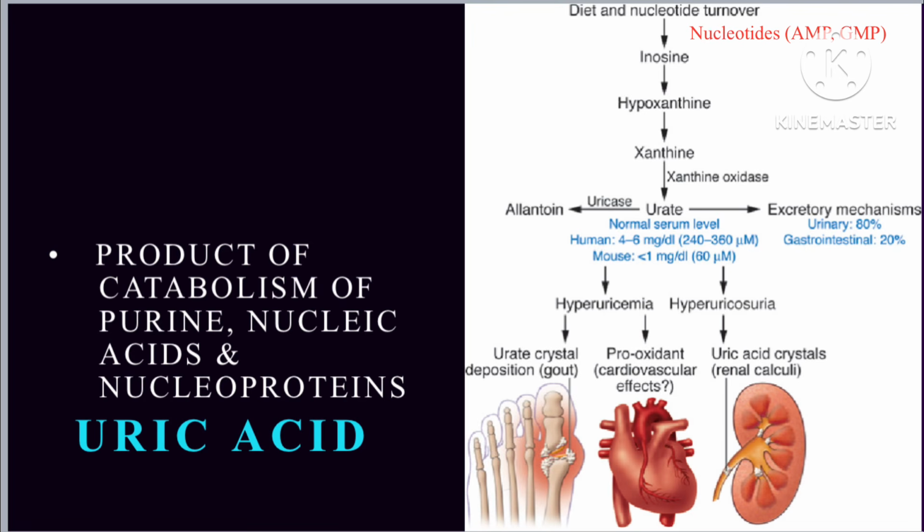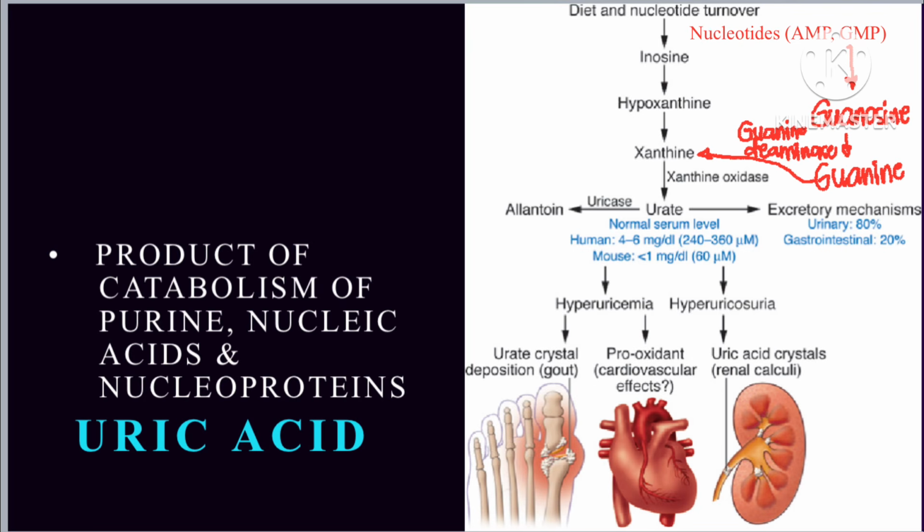So AMP is converted into inosine and then hypoxanthine, while GMP is broken down into guanosine and then guanine. Guanine is converted into xanthine by the enzyme guanine deaminase, and both hypoxanthine and xanthine are oxidized by the enzyme.